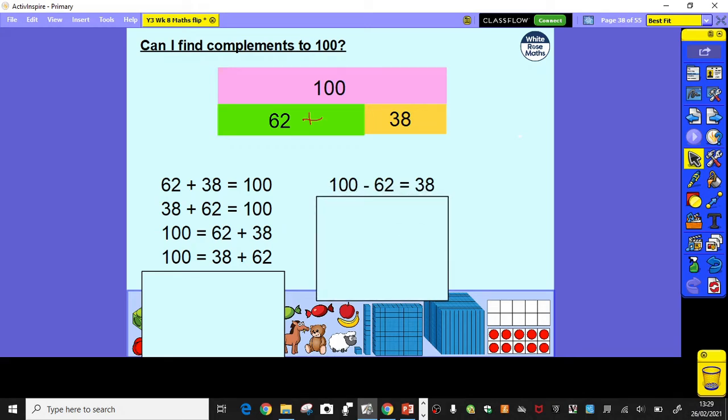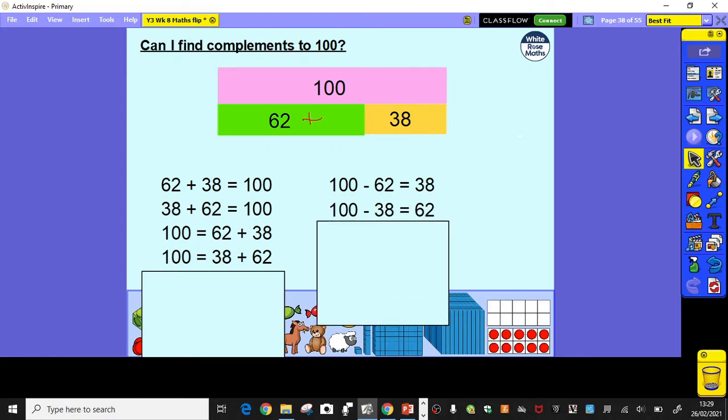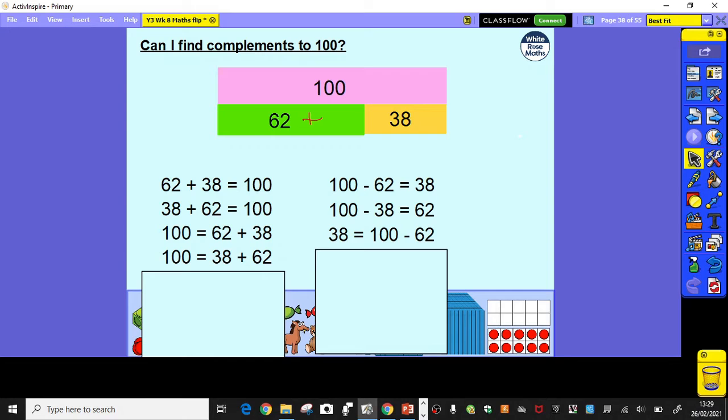So 100 take away 62 leaves us with 38. 100 take away 38 leaves us with 62. We can write these the other way around as well. So 38 is the same as or is equal to 100 minus 62. Or 62 is the same as 100 minus 38.